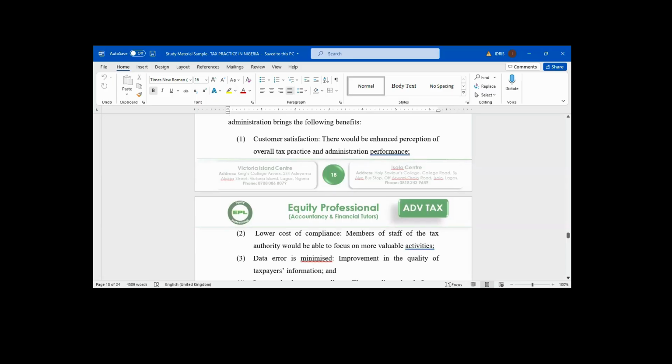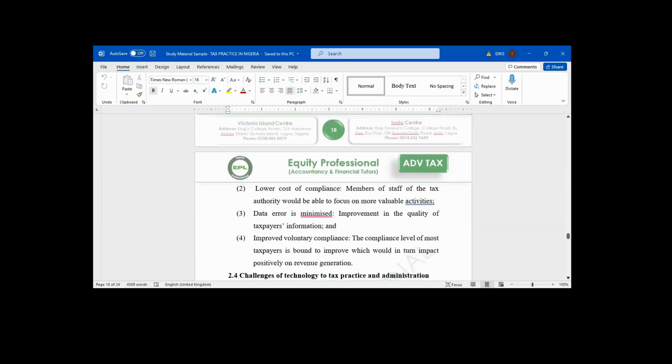Another one, data error will be minimized. By using Excel to compute your tax, your data error will be minimized. It will give quality taxpayer information.